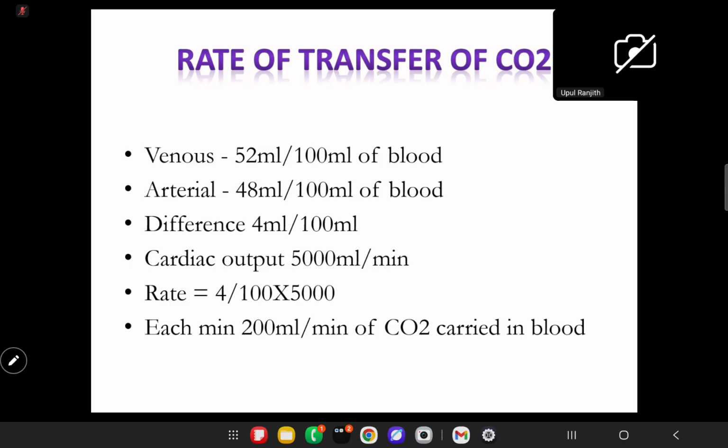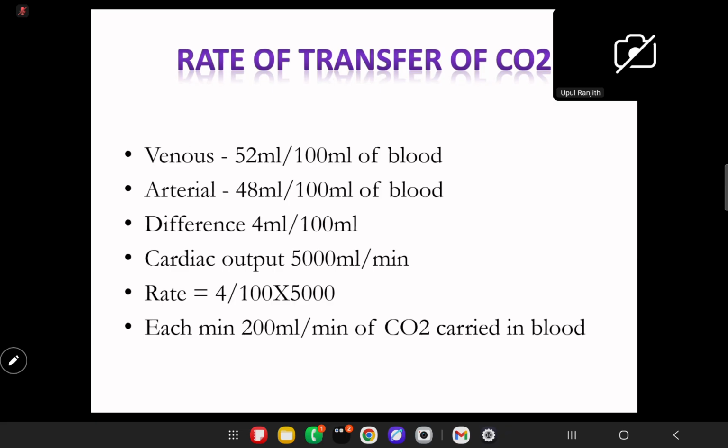For carbon dioxide, venous blood has 52 milliliters in 100 milliliters of blood. In the arterial blood, you have 48 milliliters of carbon dioxide in 100 milliliters of blood. So the difference is 4 milliliters per 100 ml.